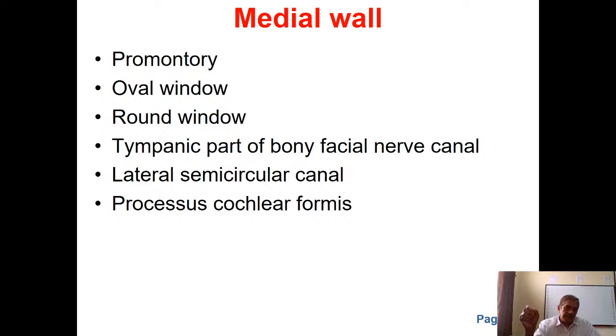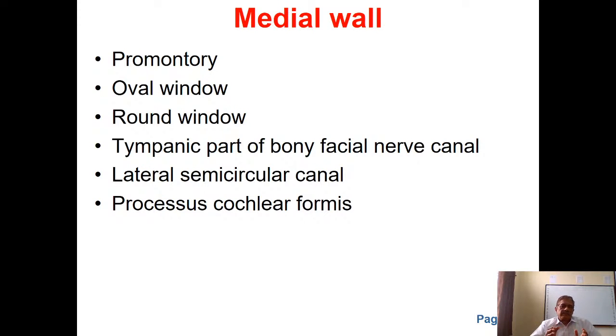And the tensor tympani tendon, as it comes from just above the Eustachian tube, enters the anterior wall, and then it hooks around that small shelf, and then is inserted into the neck of the malleus. So these are the structures.